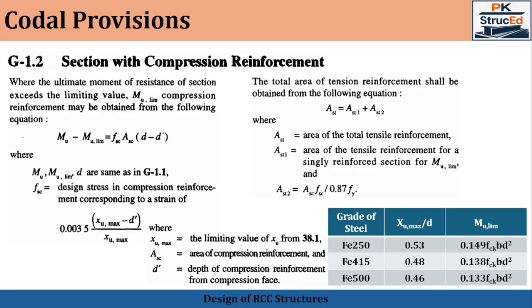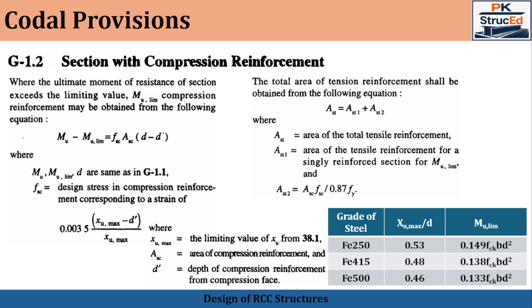Now let us go with the Codal provisions. IS 456 permits the use of doubly reinforced beams only when the depth of the beam is restricted. We cannot increase the cross section, maybe due to architectural reasons.